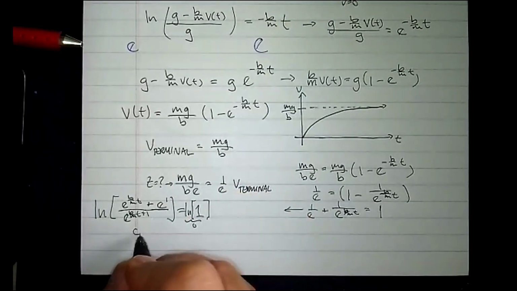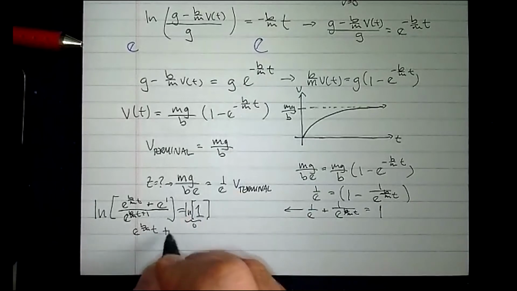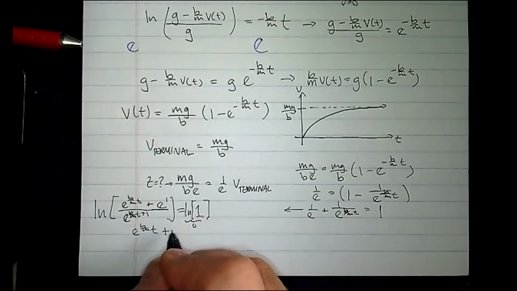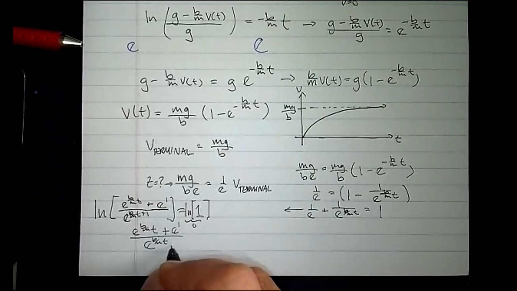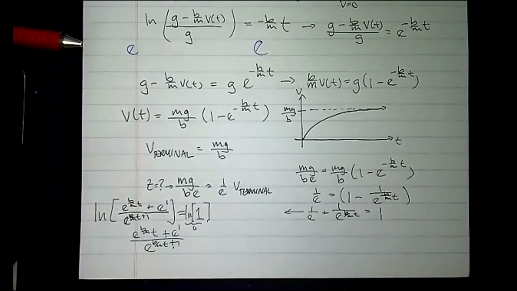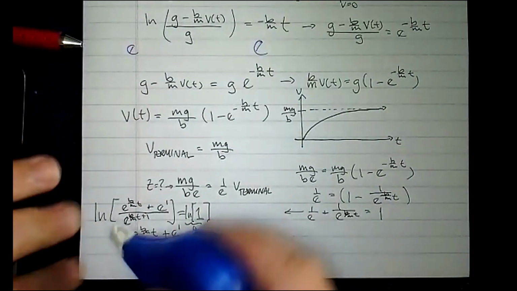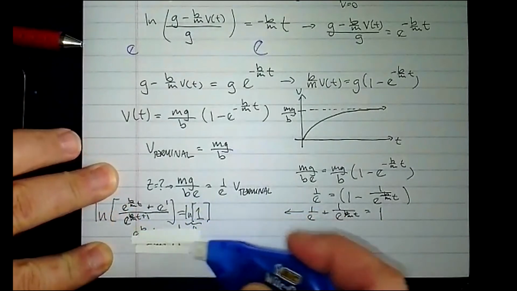So I end up getting e to the b over m t plus e over e to the b over m t plus 1 in the denominator is what this side becomes. Because when you take the e, actually, it's not that. Scratch that. We've got that other side equaling 0, so that's something that's sort of helpful.